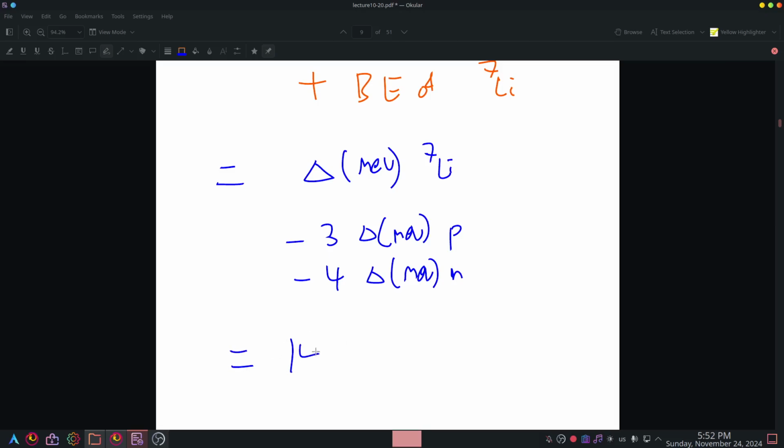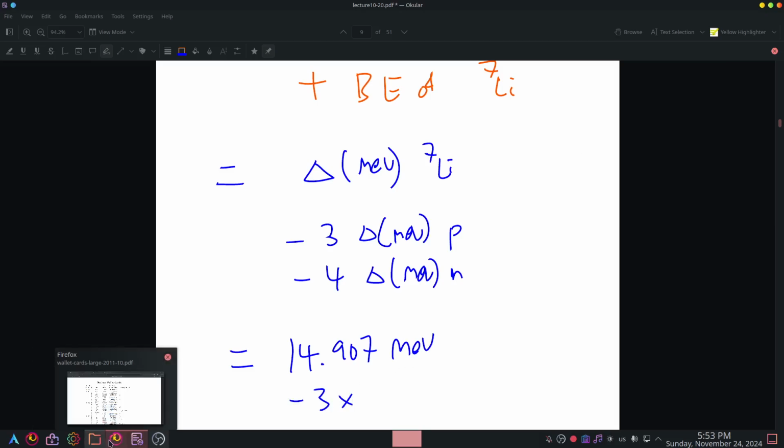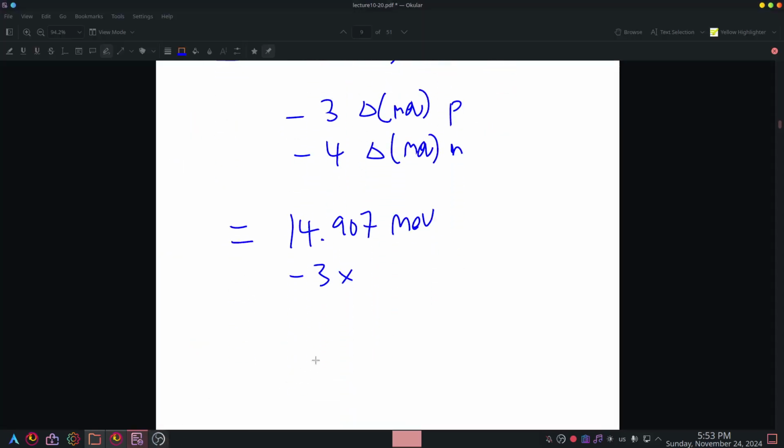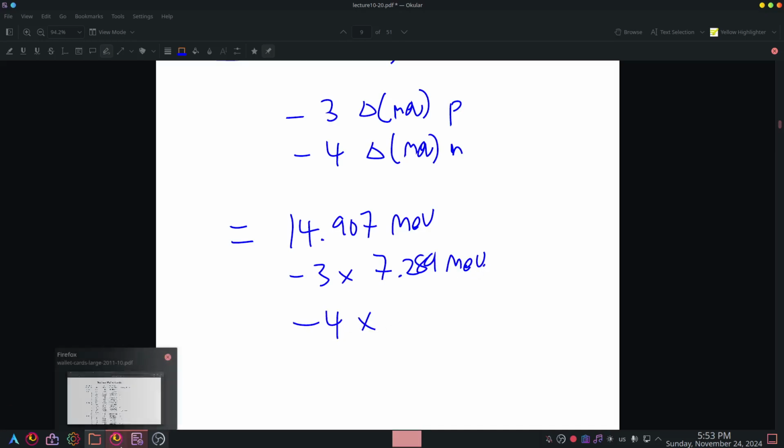So what's this here? 14.907 MeV minus 3 times the mass excess of the proton. The mass excess of the proton is just the hydrogen mass excess, 7.289 MeV. Okay, minus 4 times the mass excess of the neutron.